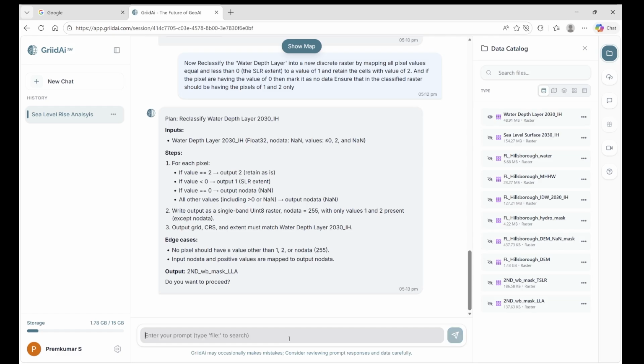But unfortunately, you could see the LLM has taken the wrong name, so we'll correct that wrong name for the output rasters.